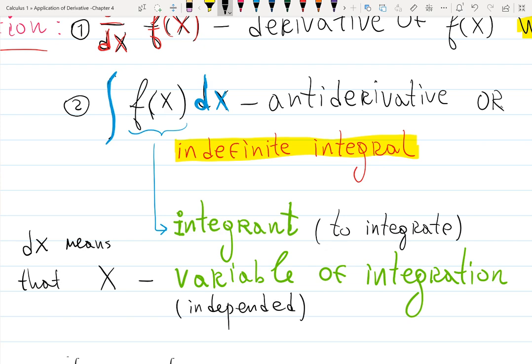So if we're integrating with respect to time, it will be t: the integral, some kind of function over here, any function, maybe a gravitational function, g of t, and then dt.